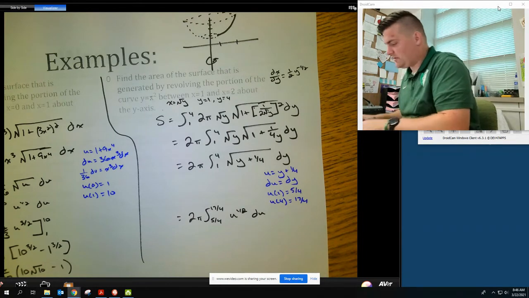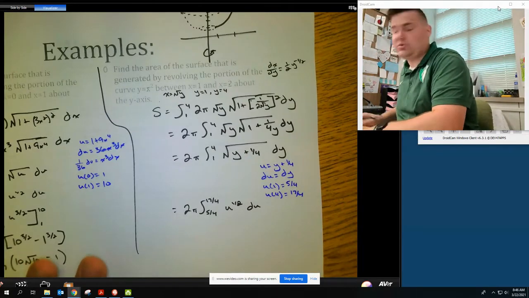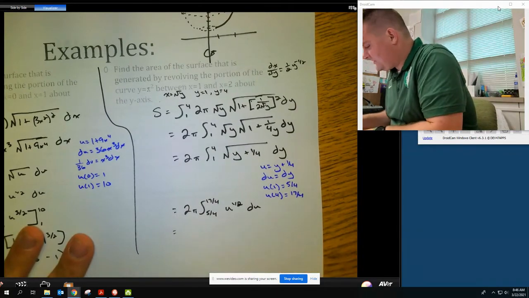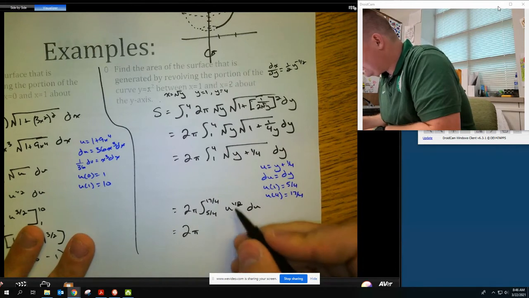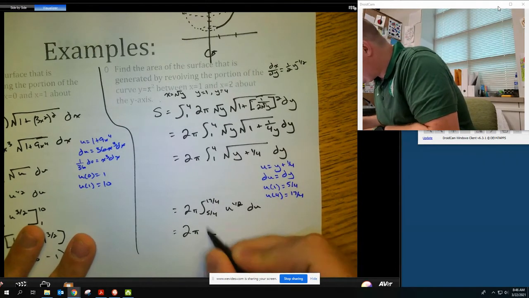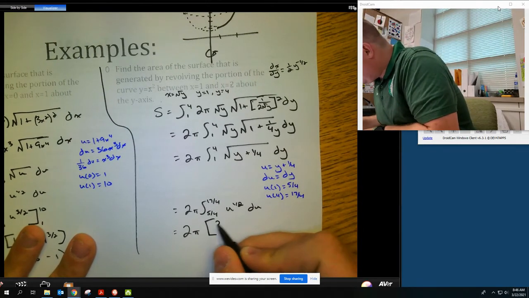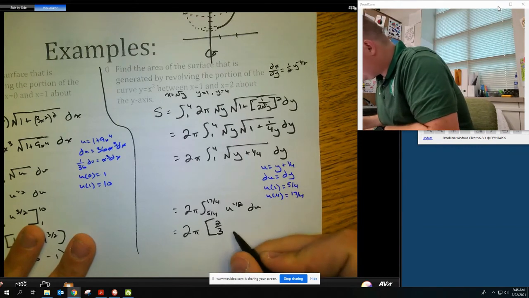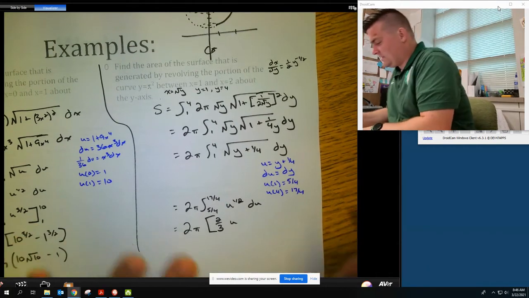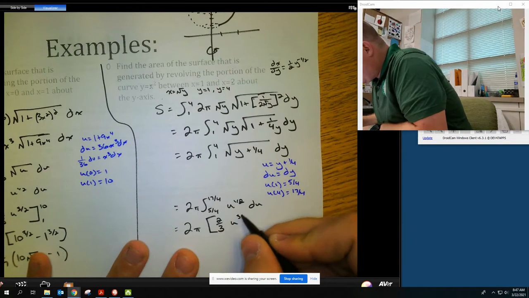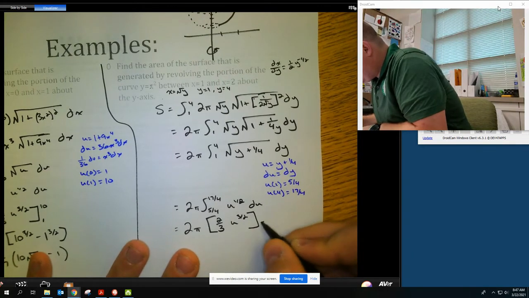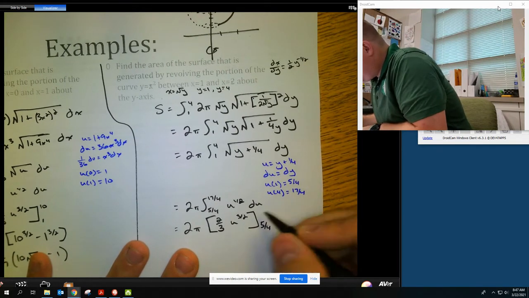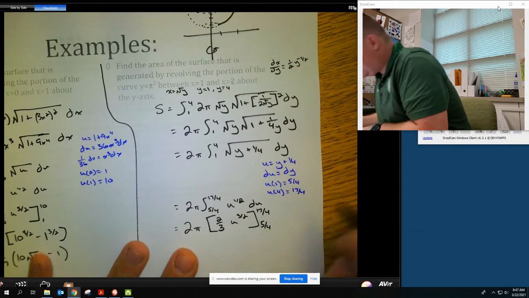Oh well, this will still work out. So it's going to give me 2 pi. Antiderivative of that is going to end up being 2/3 u to the 3/2, 5/4, 17/4.